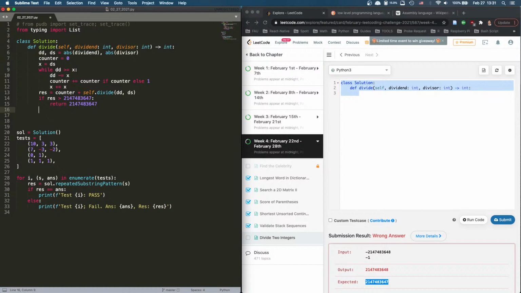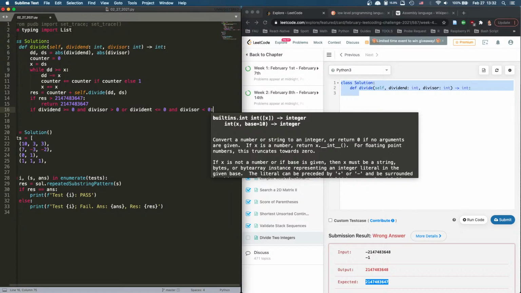Else, now we're going to check on the sign. How do we check on the sign? We say if dividend is larger equal than 0 and the divisor is larger than 0, or dividend is smaller equal to 0 and divisor is smaller than 0.